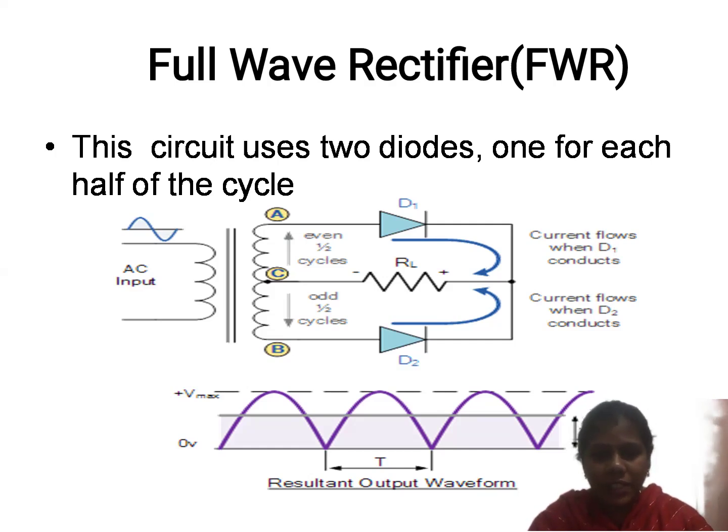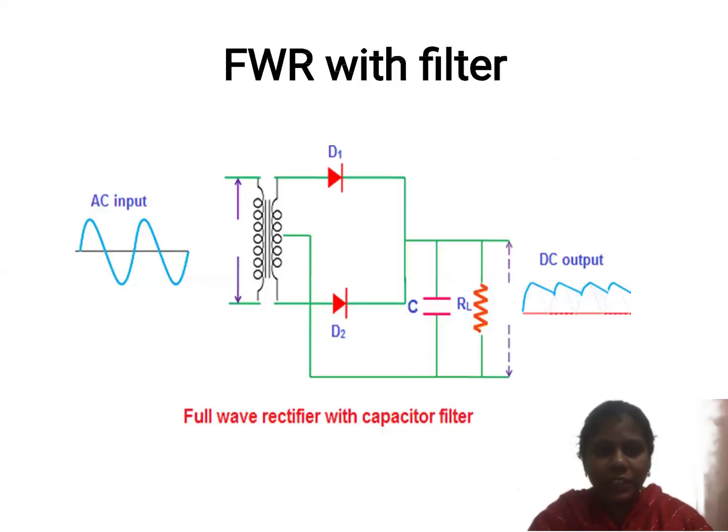Next, we will see the full wave rectifier with a filter. Ideally the DC output should be a straight line, but the output of the full wave rectifier is pulsating DC. Those unwanted components present in the full wave rectifier output are filtered by using a capacitor filter.